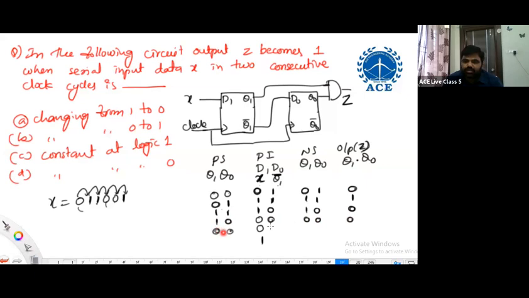That 0 0 becomes the present state again. Then Q1 bar means 1. The next state is 0 1. The output is 0 because 0 and 1 is 0. Now 0 1 becomes the present state. Then Q1 bar, 0 bar is 1. The next state is 1 1. The output is 1. If you observe, the output becomes 1 twice, when X changes from 0 to 1.